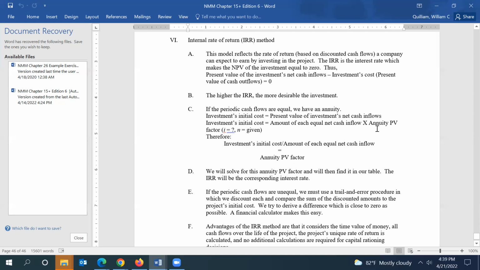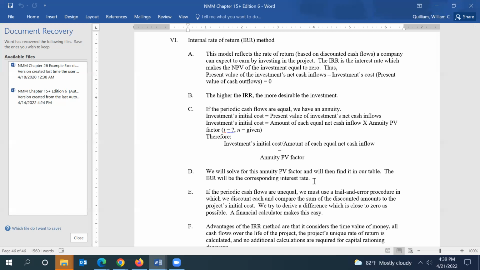That will leave the annuity present value factor over here on the right-hand side. So we'll derive the present value factor. And then, indeed, we're going to solve for this annuity present value factor, just like we did here, and then we'll find it in our table. And the internal rate of return will be the corresponding interest rate. So we'll try to get a factor as close to that as possible as we look at our table.